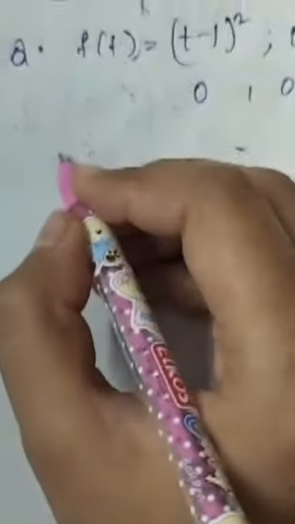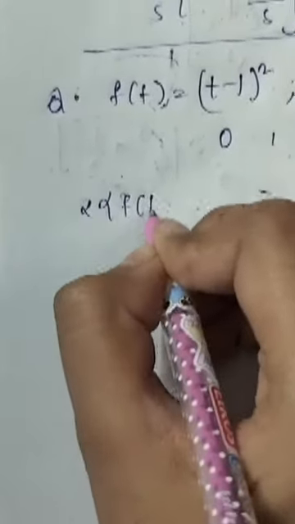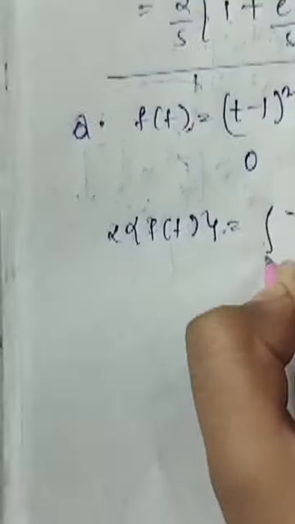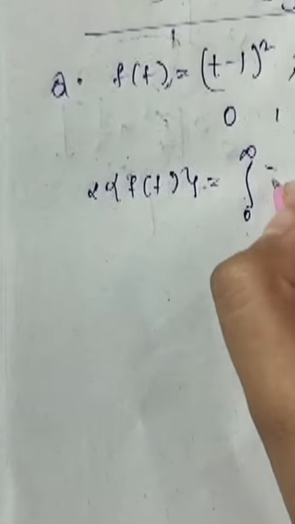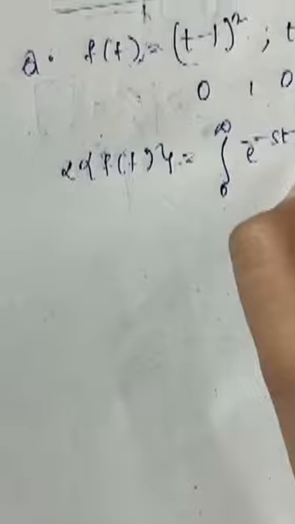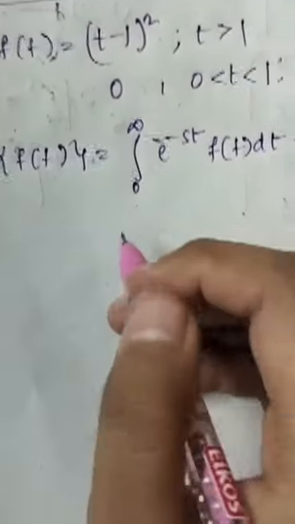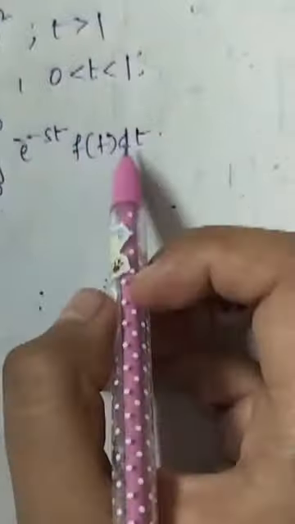But here they have directly given f of t, and we know the formula, that is Laplace transform of f of t is equal to integral 0 to infinity e power minus st into f of t dt, right? Now based on this we will be writing this function.